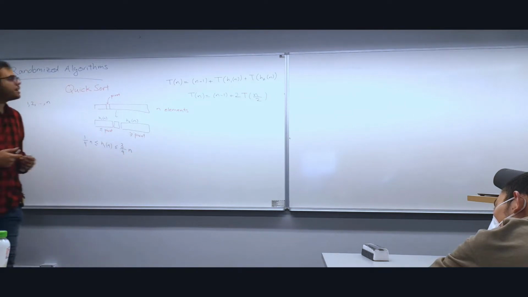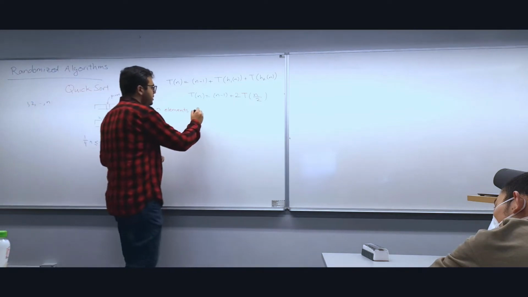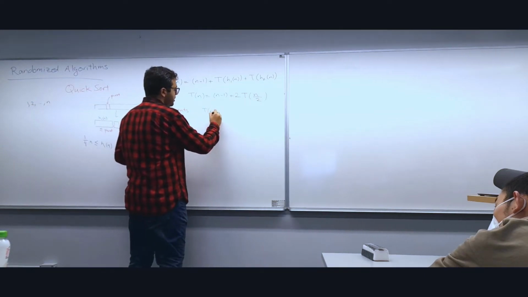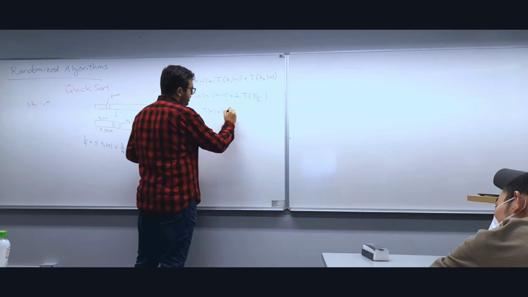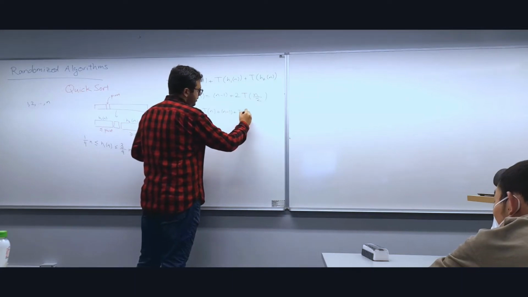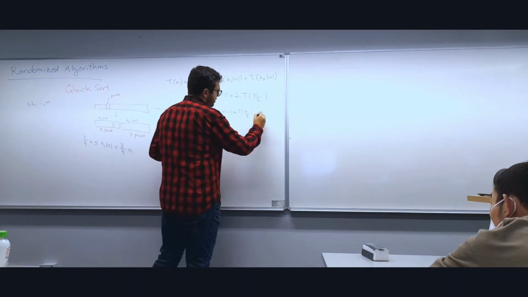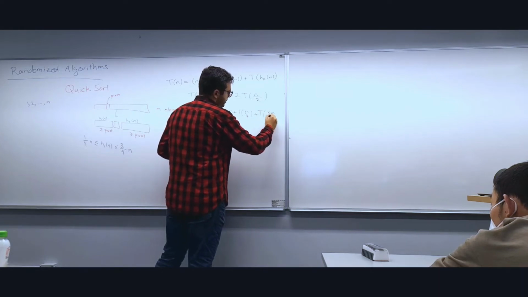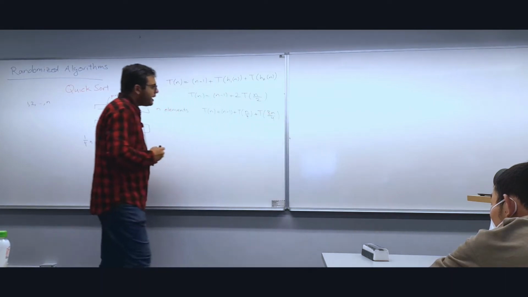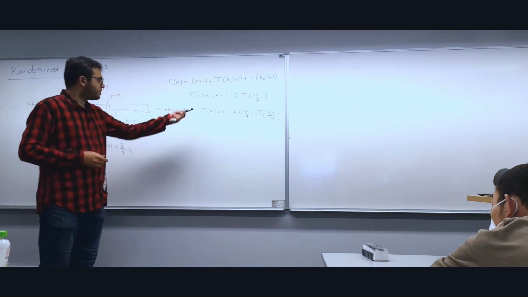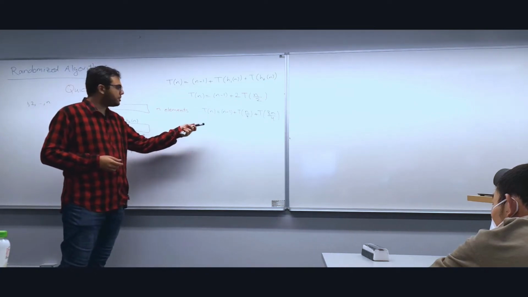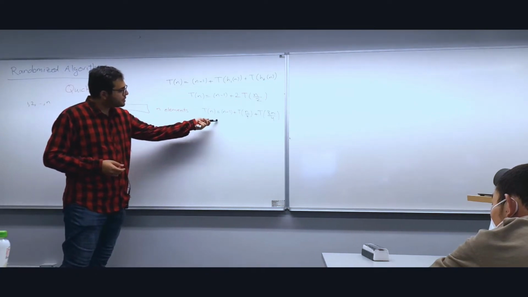So here, the runtime would look something like this. It would be n-1 plus T of n/4 in the worst case plus T of 3n/4. And actually, if you just do some induction here, or you just plug it in, you can see that this is also n log n.